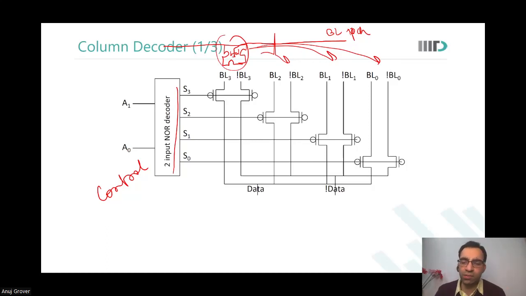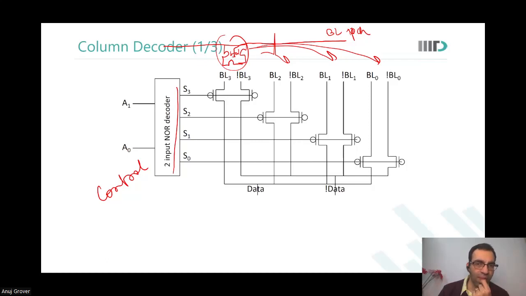Very simple, column decoder. To me, it seems that as we are moving away across the columns, more RC is coming into the picture. That will always come, no?